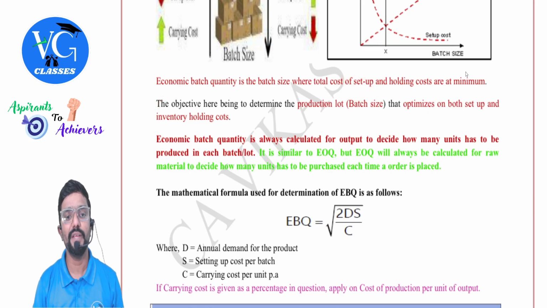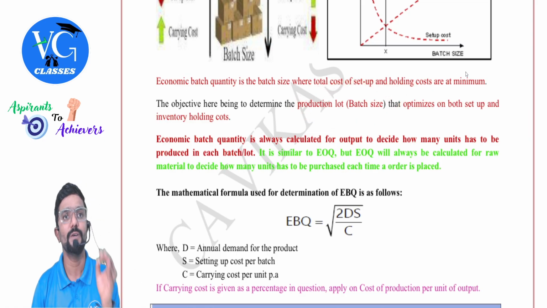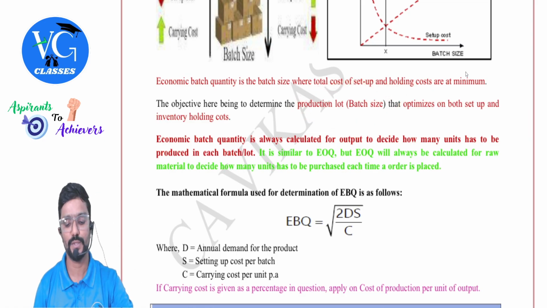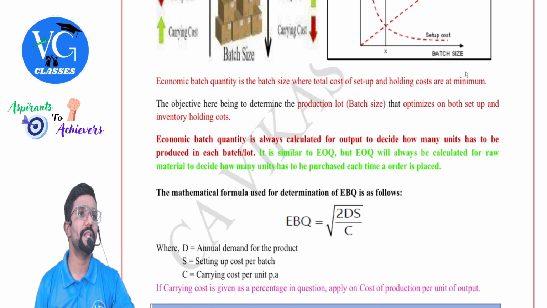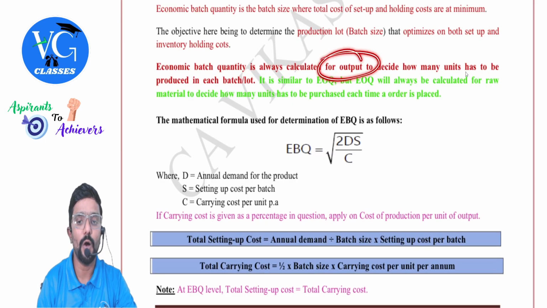The objective here being to determine, what are we calculating through EBQ, guys? The production lot or batch size, meaning in each batch, how many units should I produce? And that optimizes both setup as well as inventory holding cost. Now, an important statement I have given you. Economic batch quantity is always calculated for what? Output.